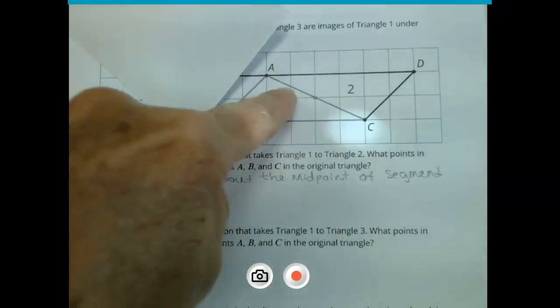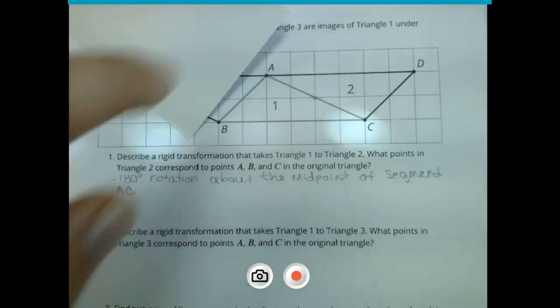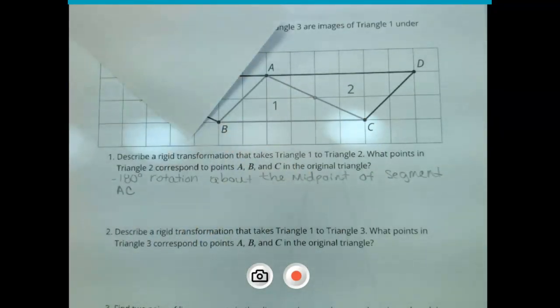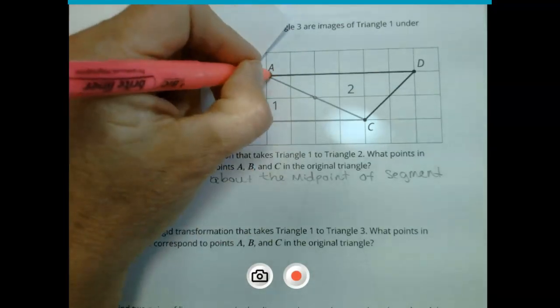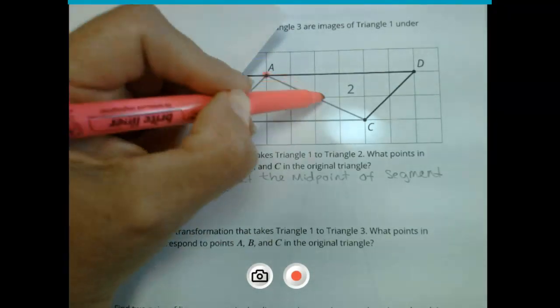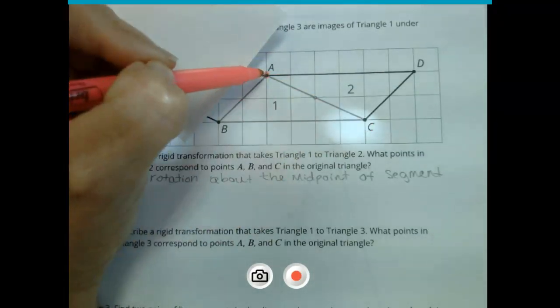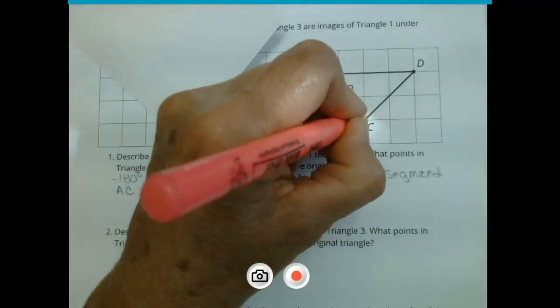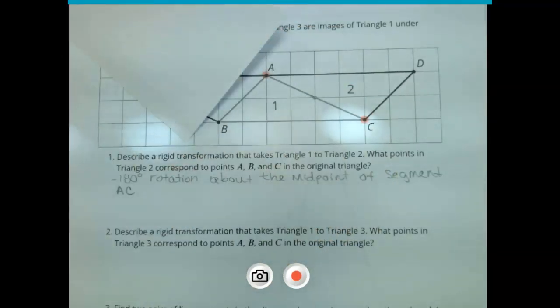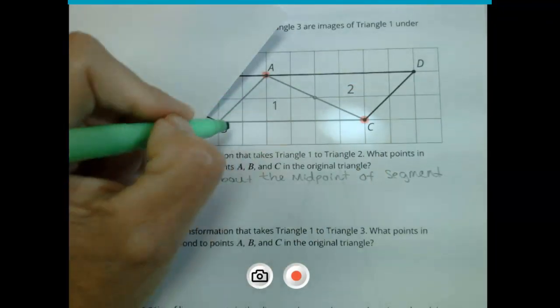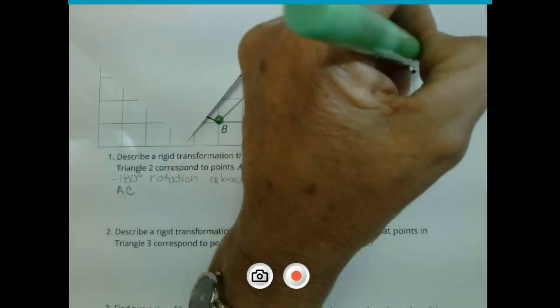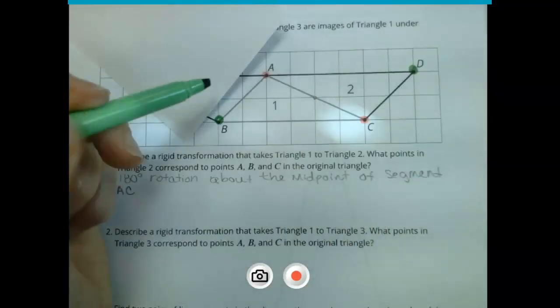So if you looked at it, what point do you think would be the corresponding point of A? Remember if this is my line, it would just be in the opposite direction. Remember, if it's 180, so A and C would be corresponding points. And also, if you looked, B and D would be corresponding points, okay?